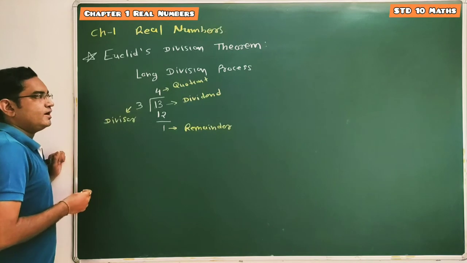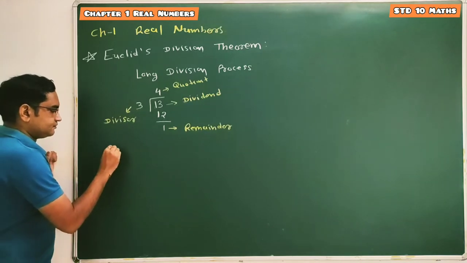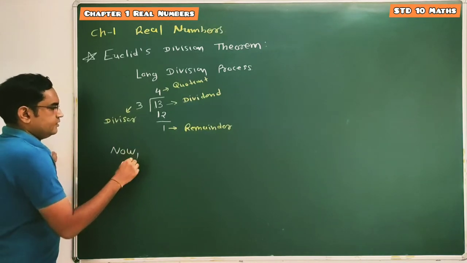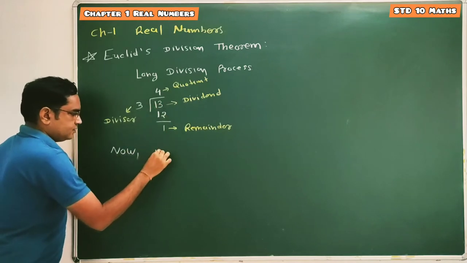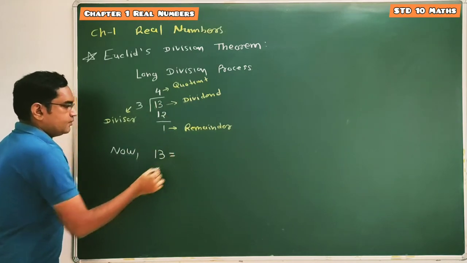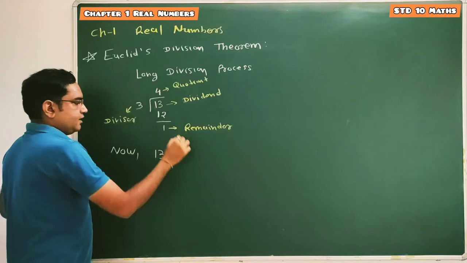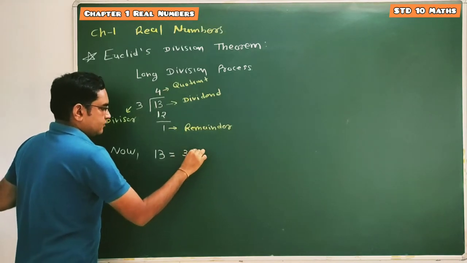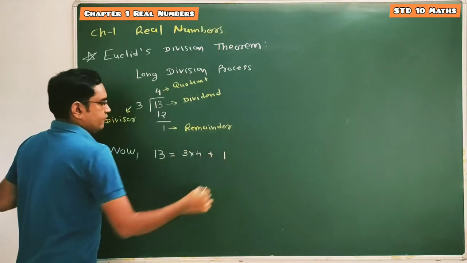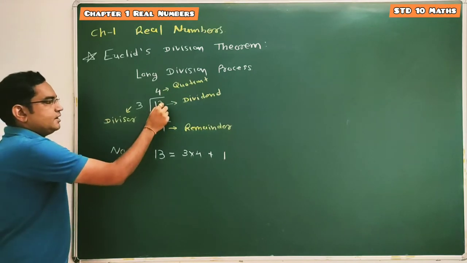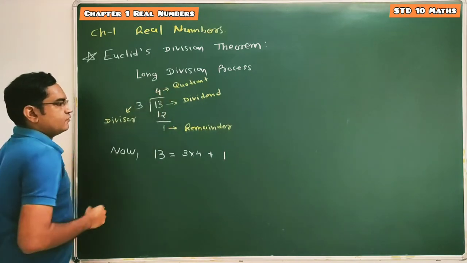Now from this long division we can say that this 13 is nothing but the product of 3 and 4 plus 1. 3 4s are 12 plus 1.